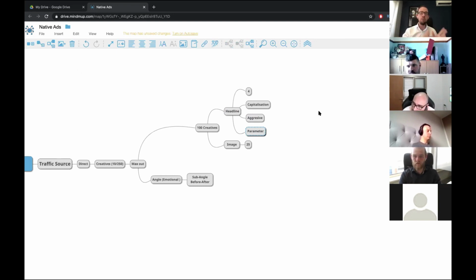If you would say woman loses 70 pounds overnight, it would be so much better if you would say woman from bracket city loses 70 pounds overnight. You target it to the actual audience where they're reading. The city parameter is picked up by the source and automatically filled in from wherever they're watching from. So for me, it would say, woman from Amsterdam loses 70 pounds overnight. Because it's close to me, it hits me so much harder.